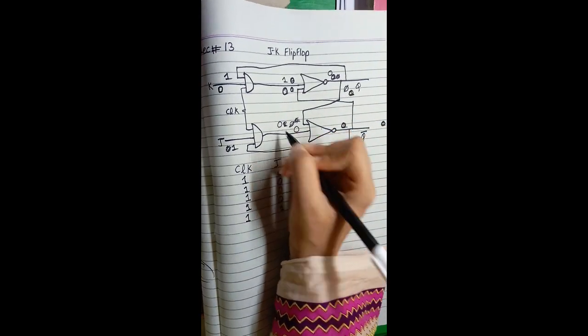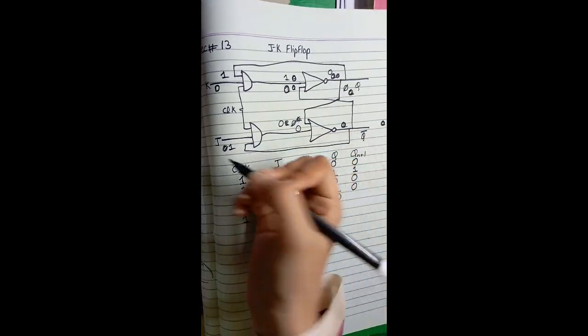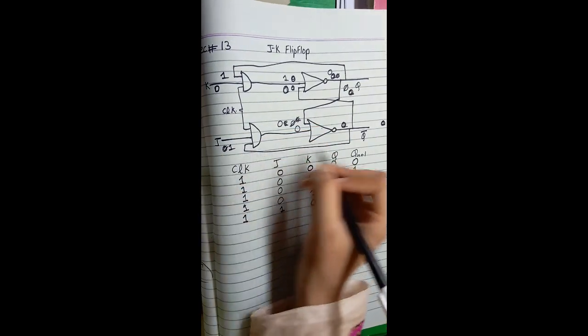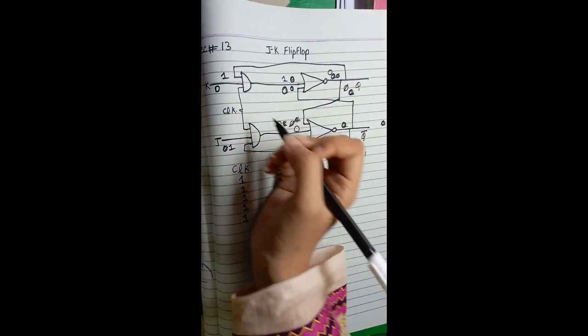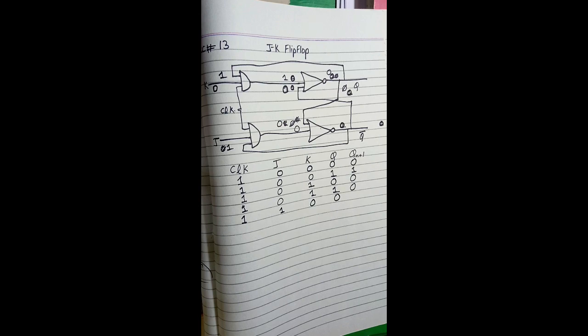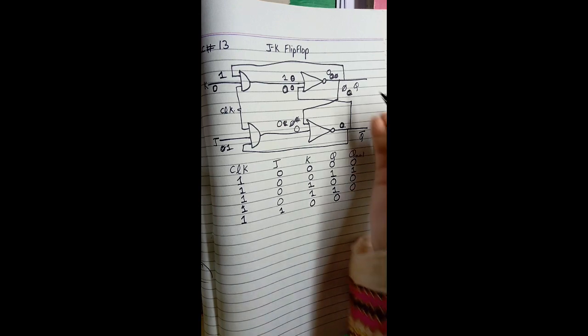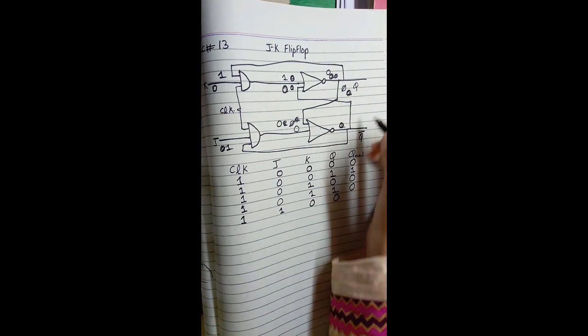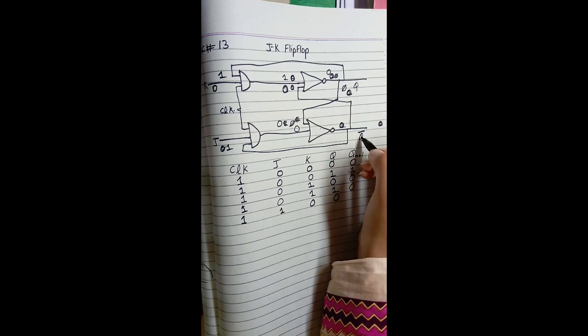Here we have 0. Okay, now we have 1 and 1. So we should know the other input, and for this we are imagining this input as 0. So it means its Q bar should be the opposite of this. So this is 1.